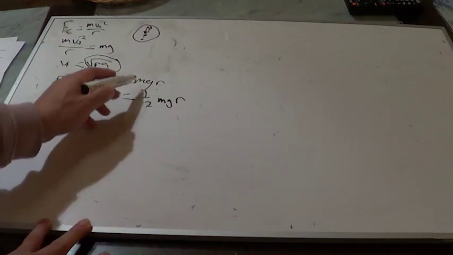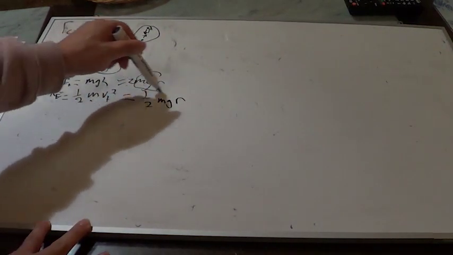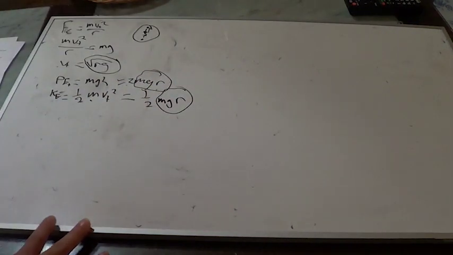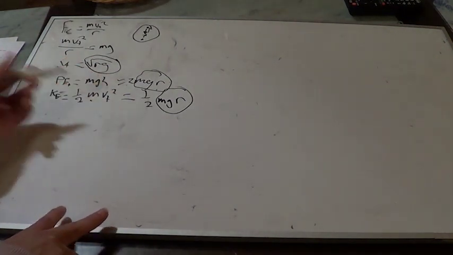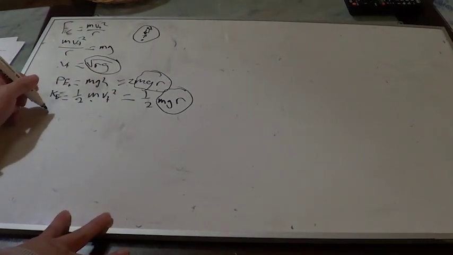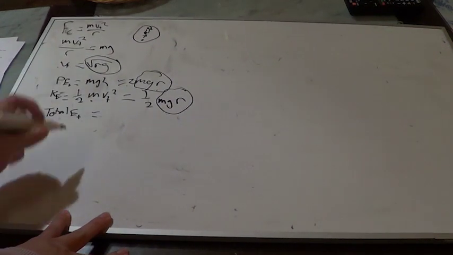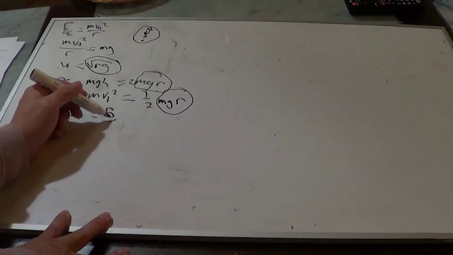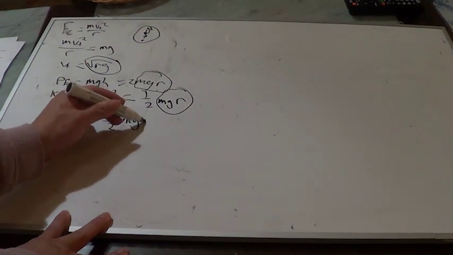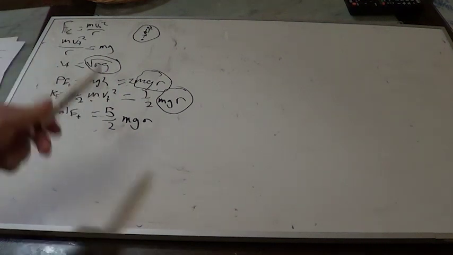Now we can add both of them, since both of these terms are in terms of mgr, and the total energy at the top is equal to 5 over 2 mgr. So that's the total amount of energy needed at the top to complete the loop.